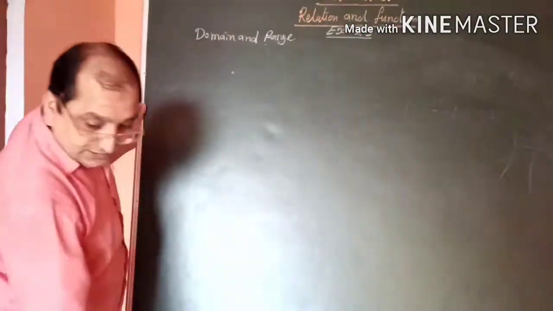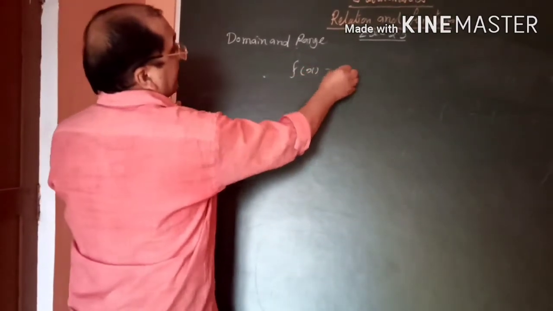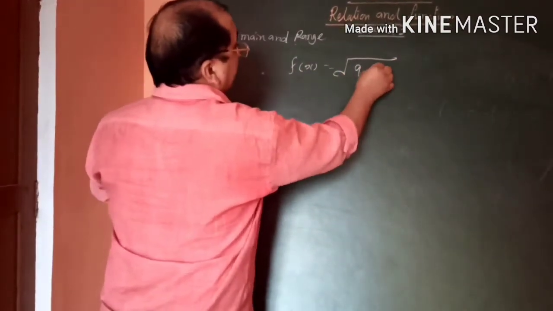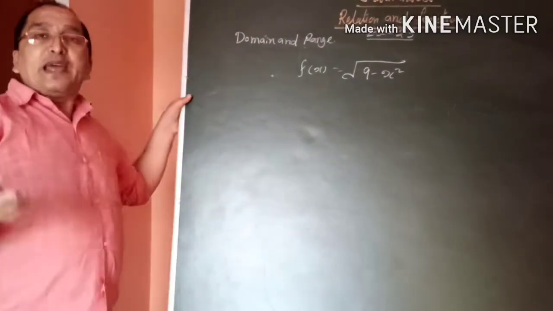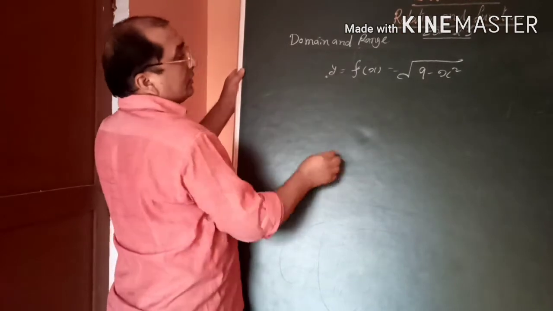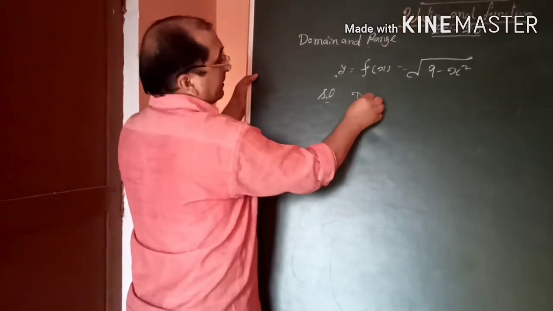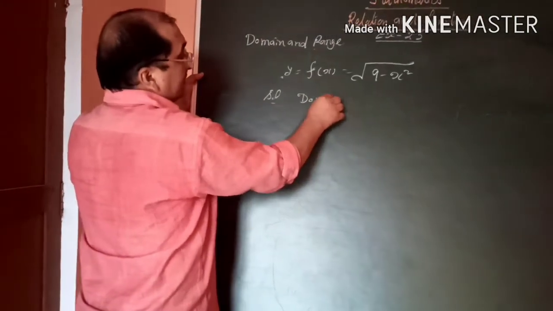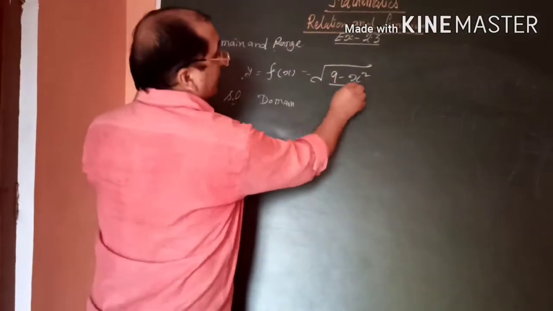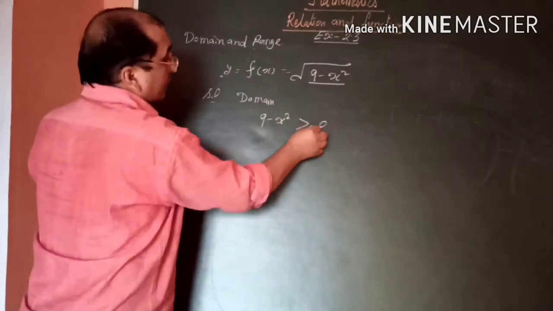Then the next question is very important. Now see, f of x equal to under root of 9 minus x square. Domain means the value of x, and f of x can also be denoted y. For the domain, the function will be defined if 9 minus x square is greater than or equal to 0.